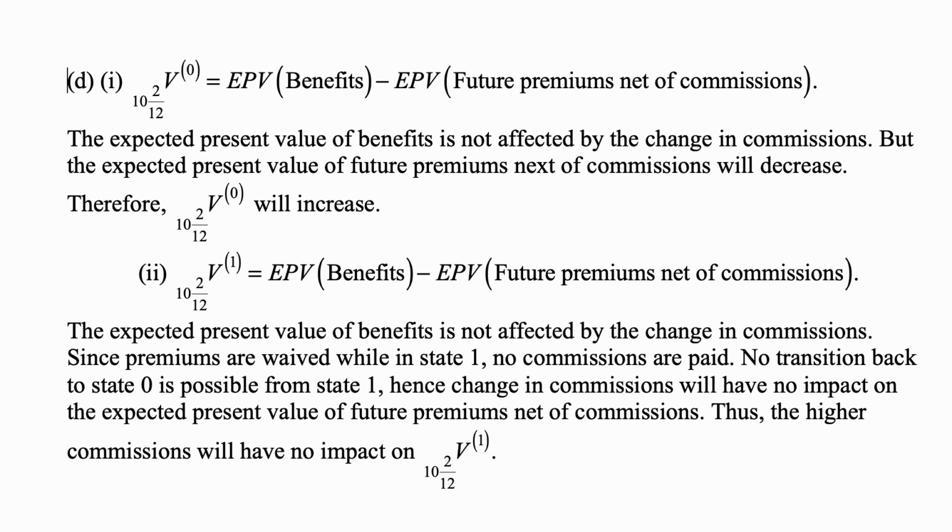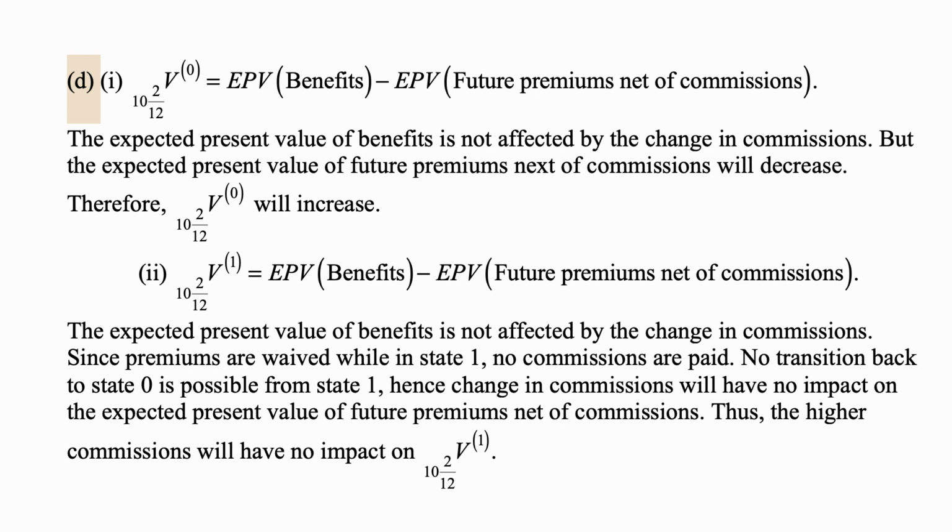Now part D, the first part. So we're doing part D right now, the last part of the question. For the first part, the reserve for state 0 at time 10 and 2/12 is equal to the expected present value of future benefits minus the expected present value of future premiums net of commission.